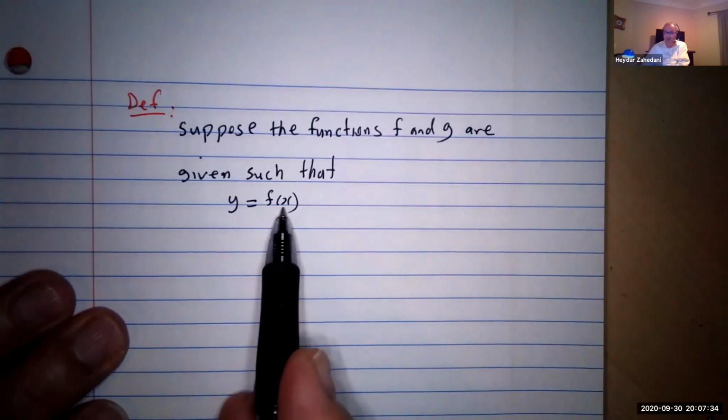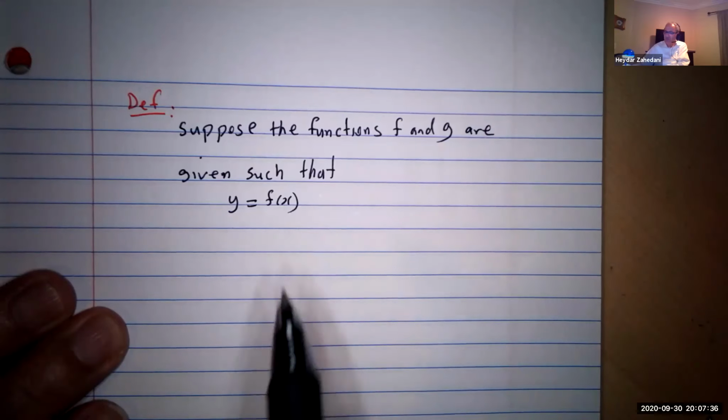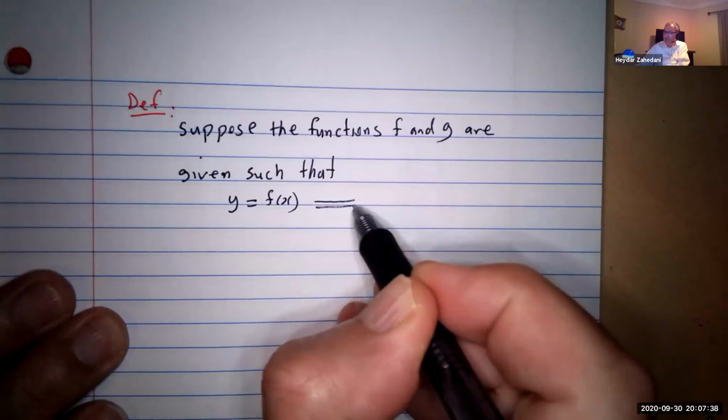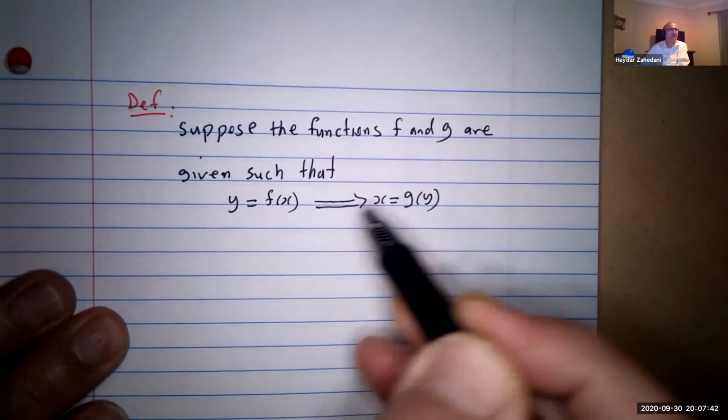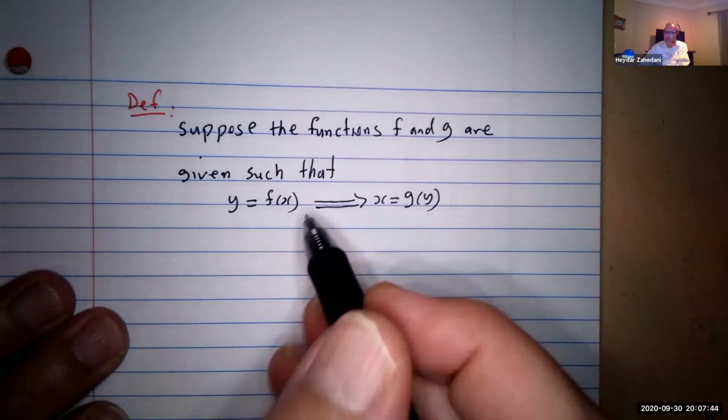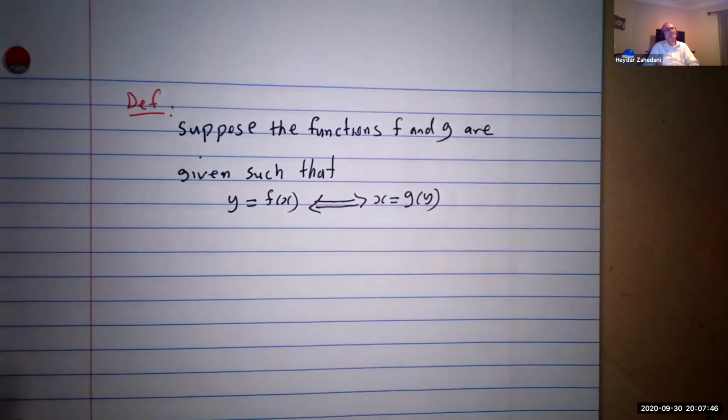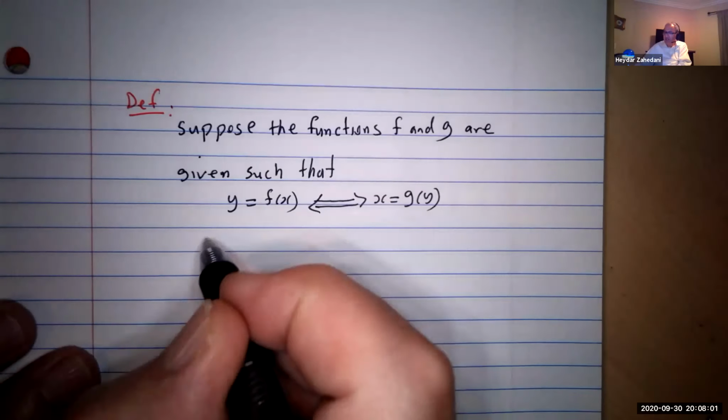If you solve for x, you must get x equal to the g of y. So that's going to be one, or the other way around. Suppose the functions f and g are given with this condition: y equal to f of x if and only if x equal to g of y.